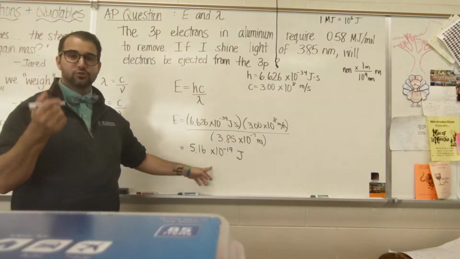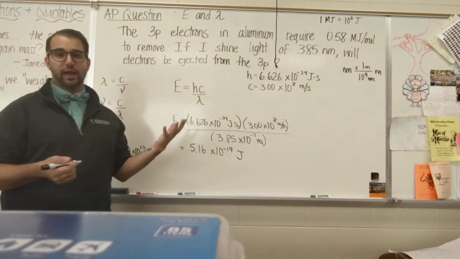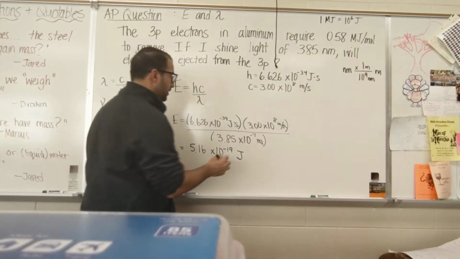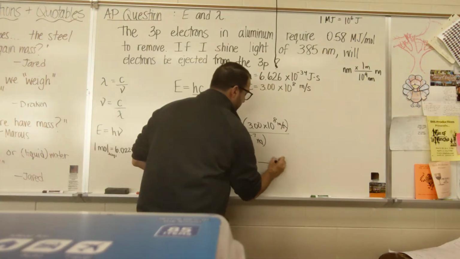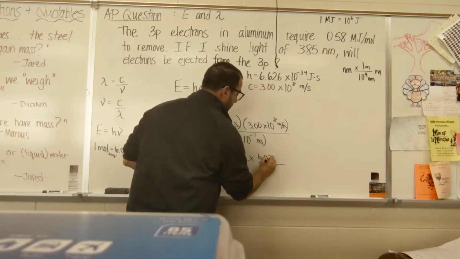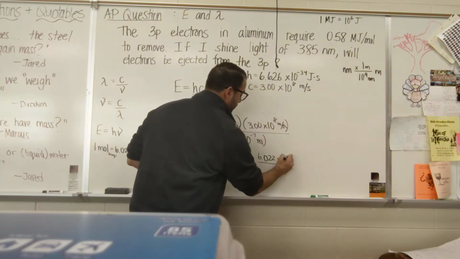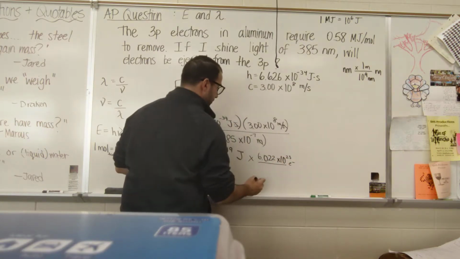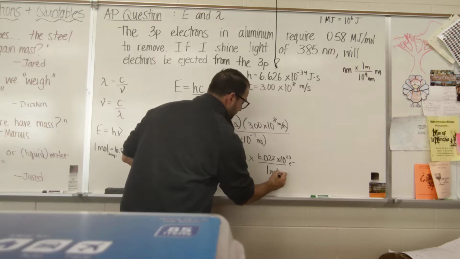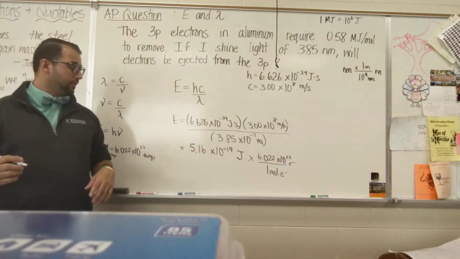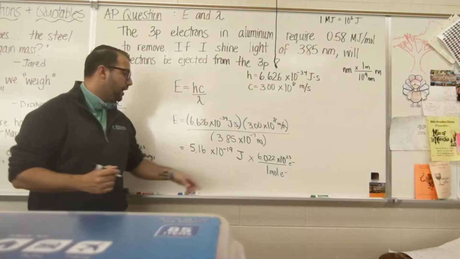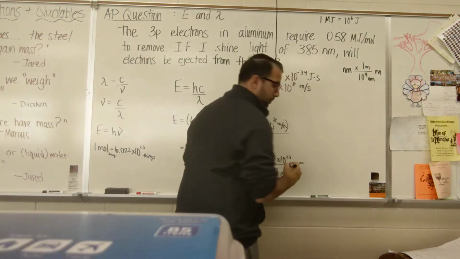This energy is the joule for 1 electron. What would the energy be for a mole of electrons? Well, if I want to do that, I have to multiply by 6.022 times 10 to the 23rd electrons for 1 mole of electrons. And this is the joule of 1 electron. If I do this math, I will be left with a per mole number.